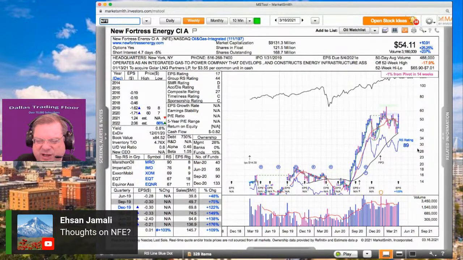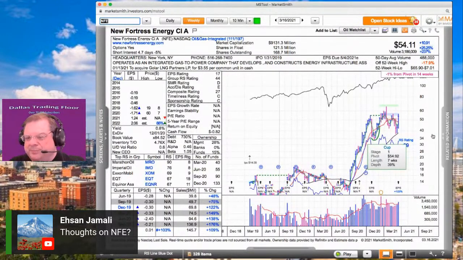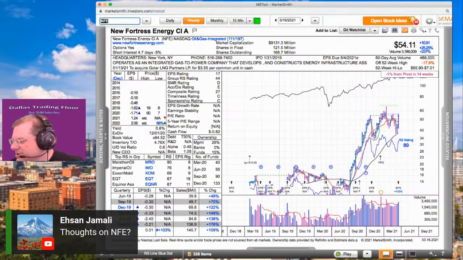Here's what I would do in this one. I would put this one on a buy stop limit order. See, 54.92 plus 10 cents, 55.02. So here's what I would do with New Fortress Energy. This is an interesting one.